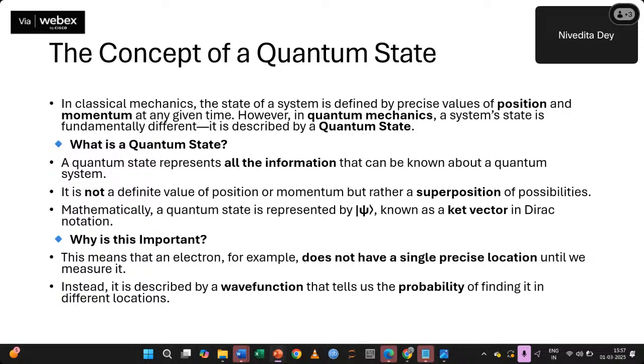And secondly, ket 0 is represented as a 1, 0 column vector, which is a 2 cross 1 column vector, where on top it is 1, on the bottom it is 0. This is the representation of ket 0. And ket 1 is 0 on top and 1 on bottom.